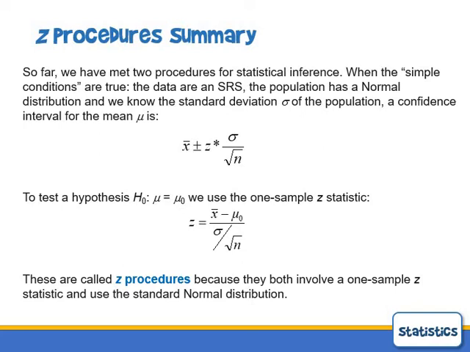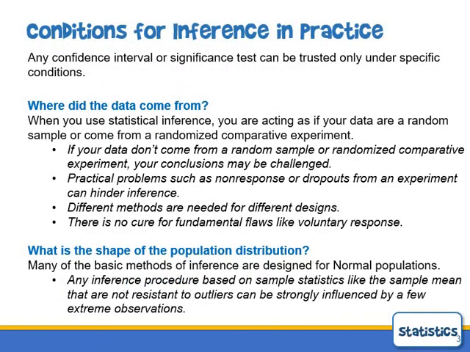You either conclude that you reject the null hypothesis or you fail to reject the null hypothesis. So those are the Z procedures that both involve, again, one sample statistic. You're looking at the population mean using the sample mean, and we're using the standard normal distribution to do it. And in both cases, we assumed that we knew sigma, which is pretty unrealistic, and we'll have to use the T procedures more often after we've mastered the Z procedures in the real world.